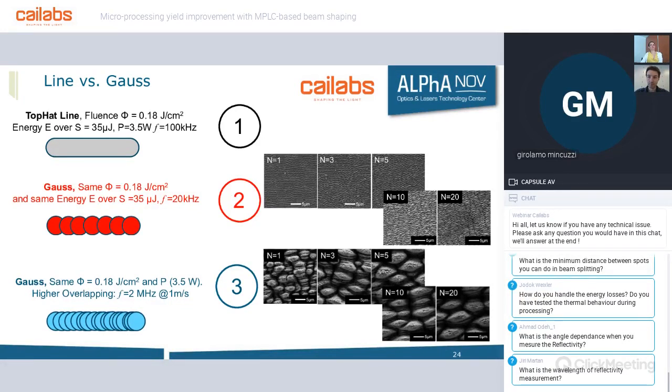In this case, we obtained a reflectivity value lower than 5%. As you can see, the surface morphology shows some spikes, but of course you have to consider that in this case the repetition rate is 20 times higher than in the case of the top-hat.